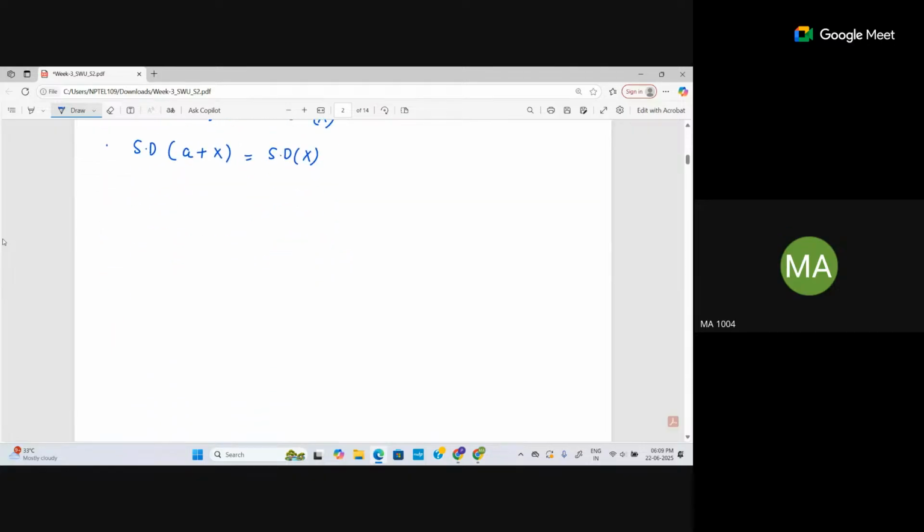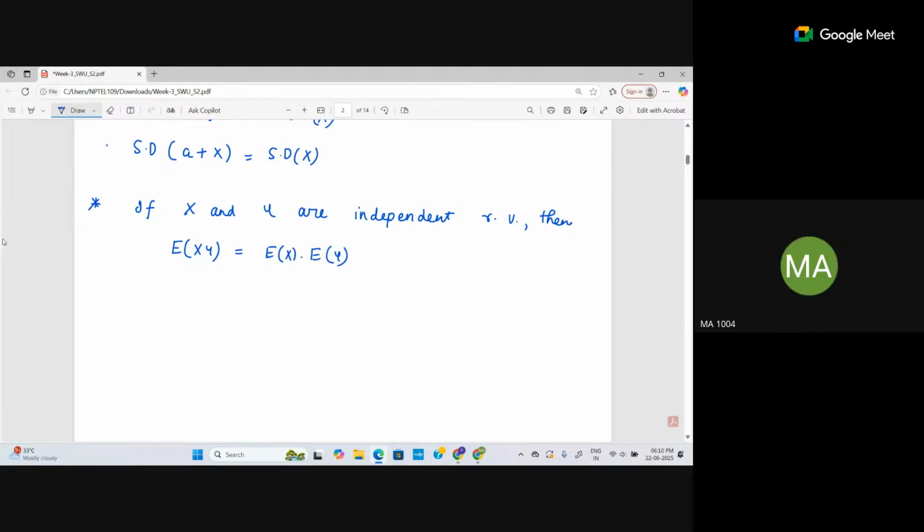Okay, and one more thing. So if we have two random variables x and y which are independent, okay, x and y are independent random variables, then the expectation of xy is equal to the expectation of x into expectation of y.